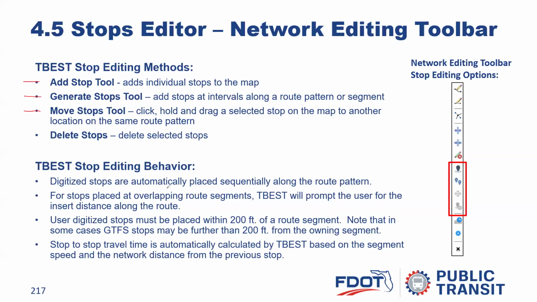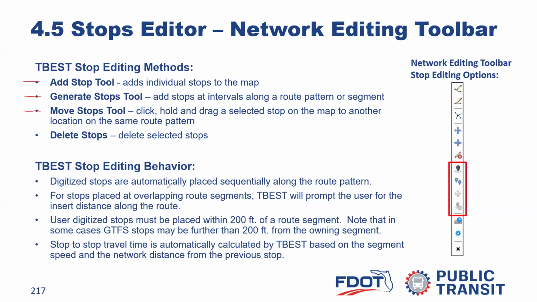So if you come across one of those in TBEST where there is an overlap and it double backs on itself, it will ask you for the distance from the beginning of the route so that you can actually add two stop locations, one at one distance, one at another distance, but at the same location, if that makes sense. So that's how TBEST handles that overlapping and double backing of segments and alignments.